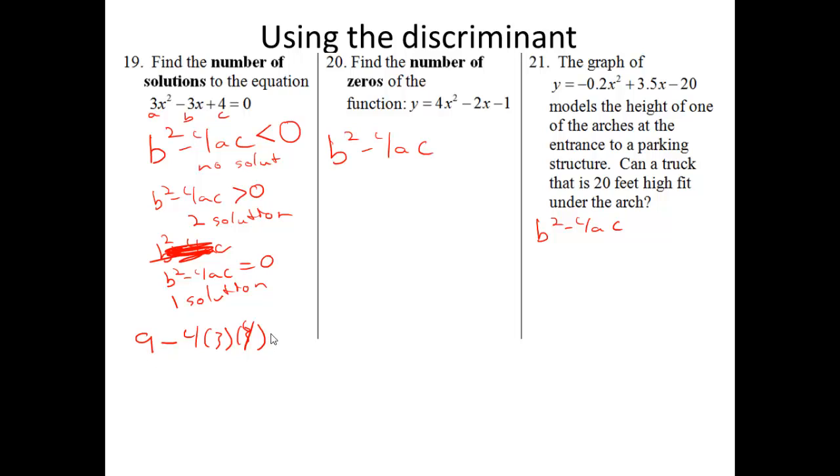So 9 minus 48 is going to be a negative 39. So we have an answer that is less than 0. So we have 0 solutions.